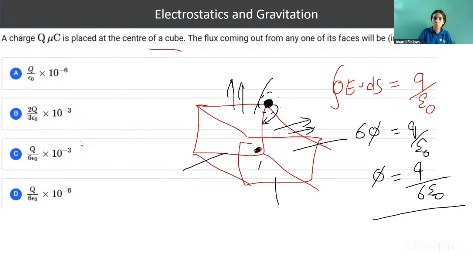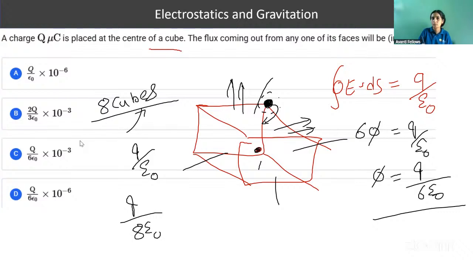So for those 8 cubes, what will happen? This is the charge at the center. So through 8 cubes, flux will be equal to q by epsilon naught. So through 1 cube, how much flux will go? Q by 8 epsilon naught. Okay. So sometimes when your charge is not kept inside the closed surface, you can make it look like that by using your geometrical knowledge.